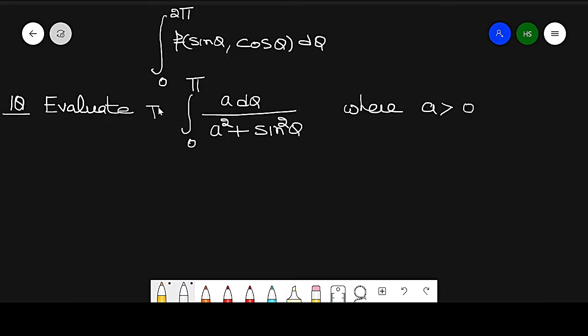So I take this as integration I. Solution.